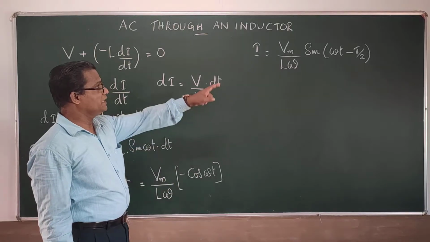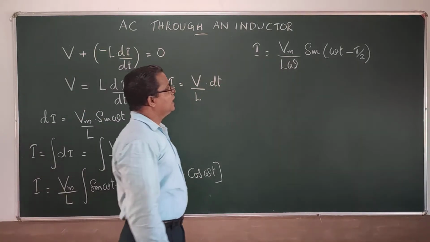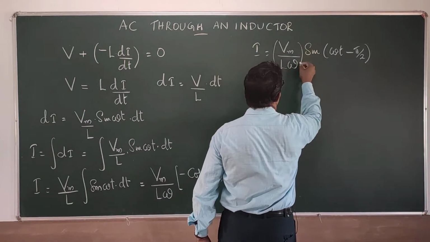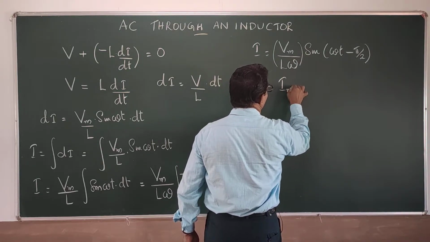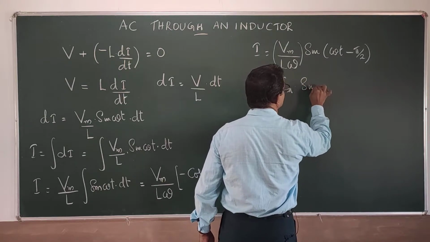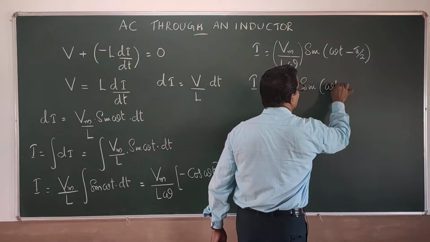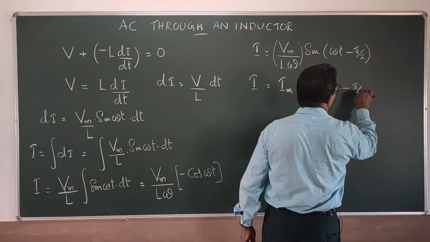Assuming this to be the maximum value possible, that is Im, I equals Im sin omega t minus pi by 2.